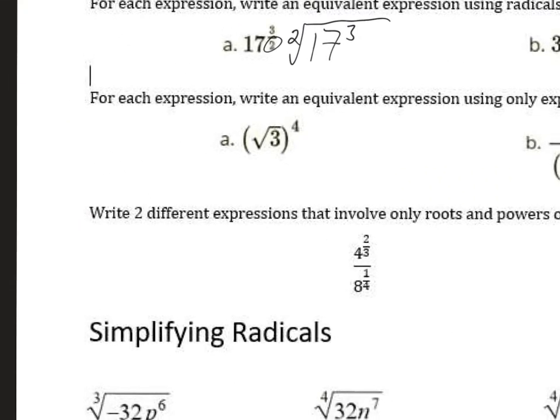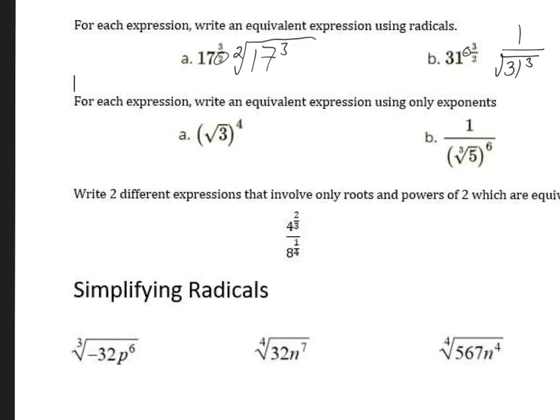Now we're trying the next one. For each expression, write an equivalent expression using only exponents. Okay, so exponents. We have a 3. What number goes on top? The exponent or the index? It should be the exponent, so we should have 4 over 2.